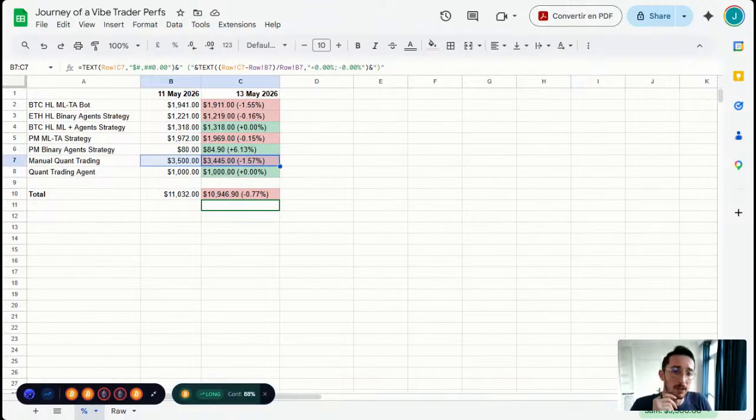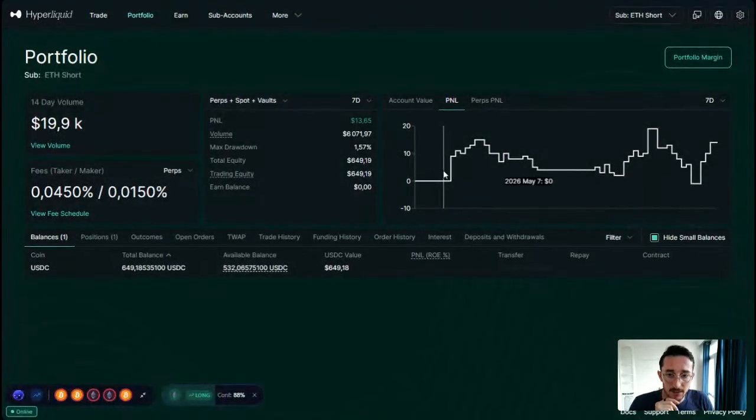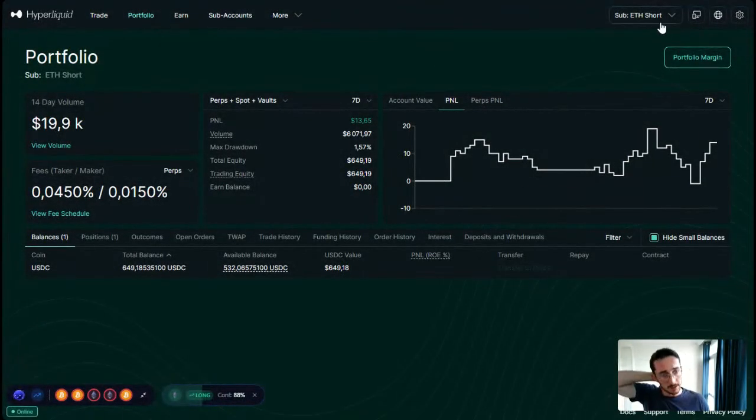And then I have a couple of Hyperliquid bots. There are 3 main bots I have on Hyperliquid. This one, if you don't know, is using the prediction agents I have in the arena. It's taking good ones, bad ones, and then it tells me to go long or short for 24 hours.